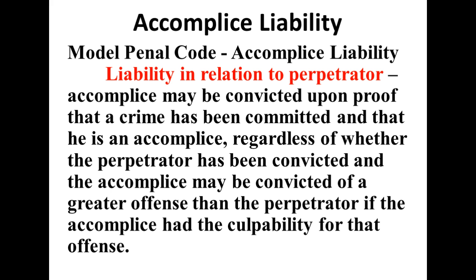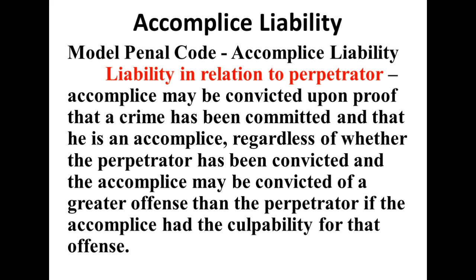Finally, like the common law today, the Model Penal Code creates liability for the accomplice in relation to the perpetrator, fairly similarly. An accomplice may be convicted upon proof that a crime has been committed, that is, that a principal committed a crime, and that he is an accomplice, regardless of whether the perpetrator has been convicted.